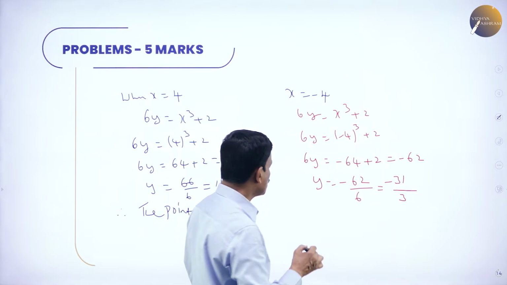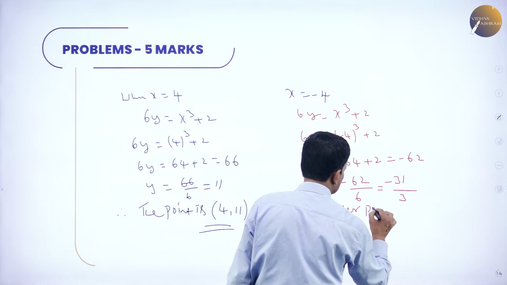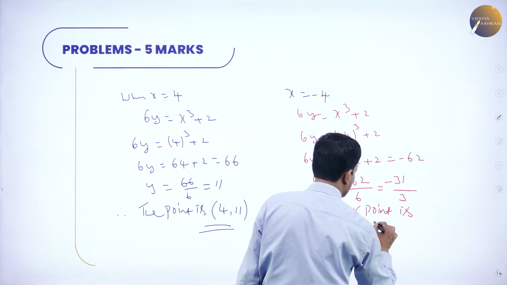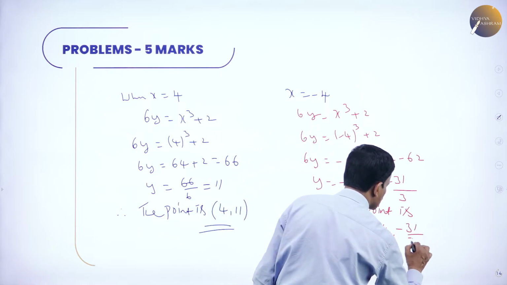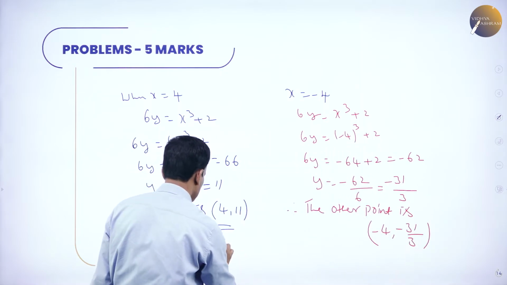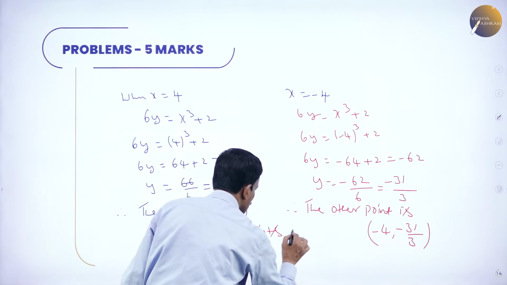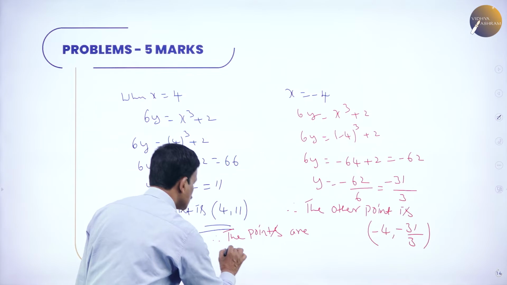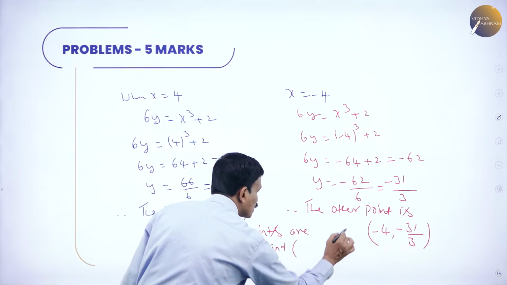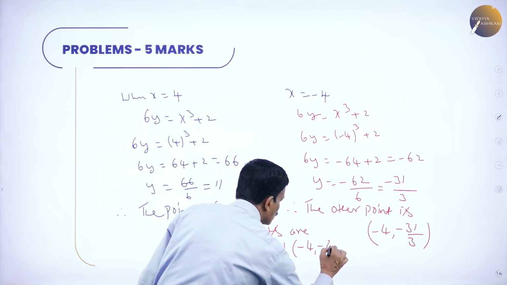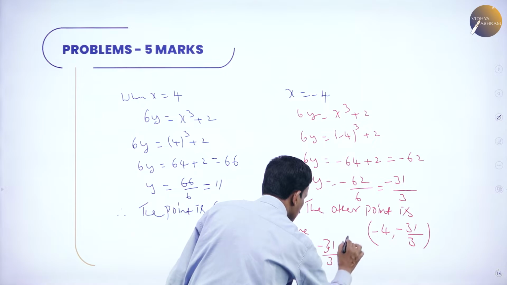So therefore the other point is when x is equal to minus 4, y is equal to minus 31 by 3. Therefore the points are: first one is 4 comma 11 and another one is minus 4 comma minus 31 by 3.